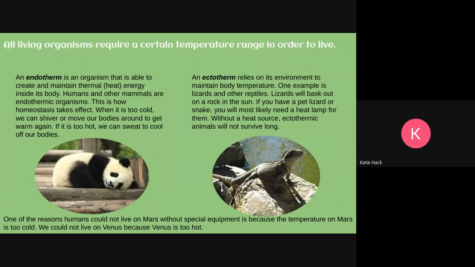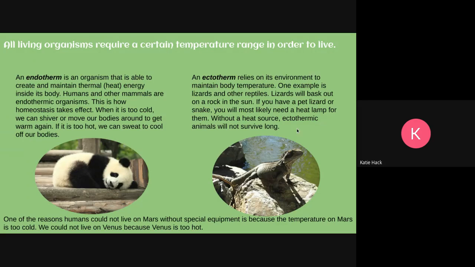Unlike the ectotherm, who relies on the environment to maintain body temperature. So if you have a lizard or any other reptile, you'll notice that they like to bask in the sun on rocks, and that is to keep themselves warm. Also, a lot of them will live underground in order to keep their body temperature regulated and the same.